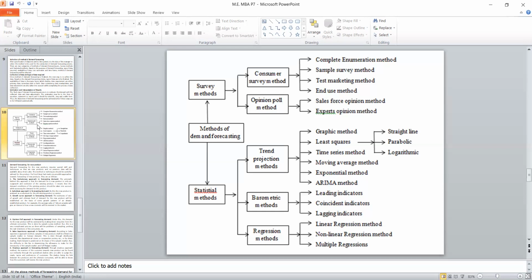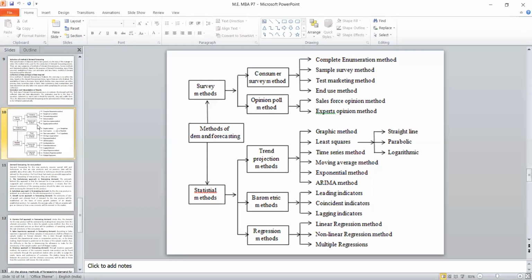Based on the data, we can construct a graph and see how the fluctuation is, and with that paper we can easily understand the variation and identify the estimated value. The second one is the least square, and only this least square method is in our syllabus.